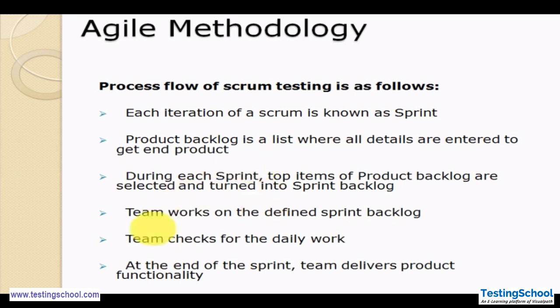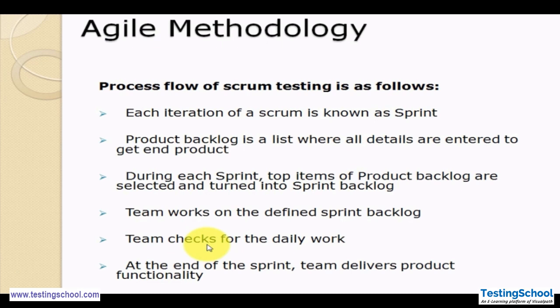Then the team checks the daily work. How does the team check the daily work? In our Scrum meeting that we execute every morning, the team checks what each team member is doing with their user story, with their task.